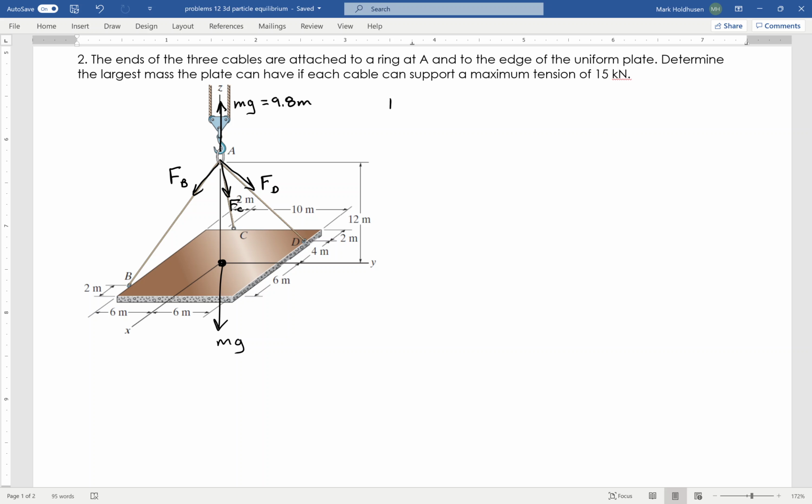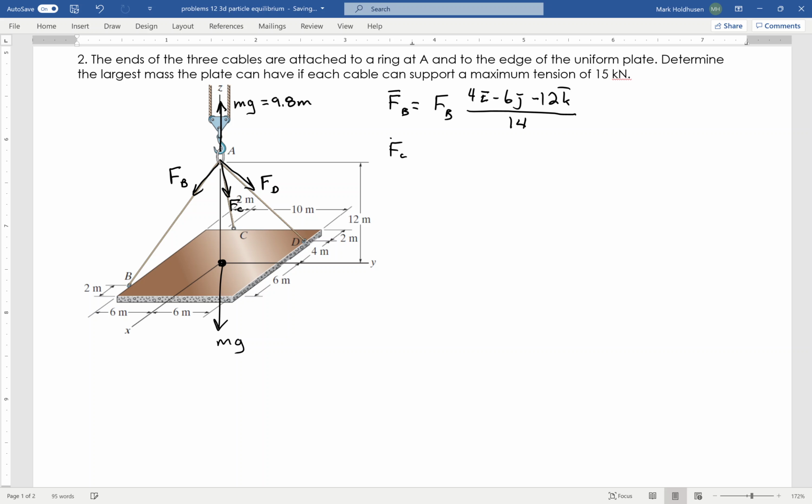So that's how we're going to write the Cartesian form of each of these forces moving forward. We'll start with FB, and I get FB times 4I minus 6J minus 12K, and believe me that when I do that, it's divided by 14. The square root of the sum of the squares gives me 14.